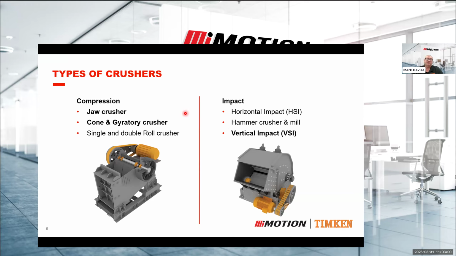Commonly, you have jaw crushers as the primary crusher, and then it moves on to secondary and tertiary crushers as well, which are commonly cone or gyratory crushers. On the impact crushers, these are a lot higher speed. They're designed to run with a fast turning impeller, which impacts the ore.